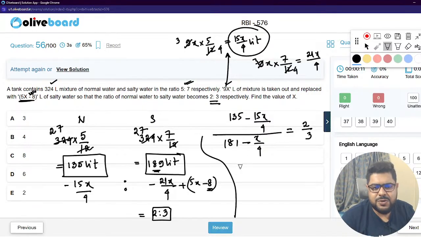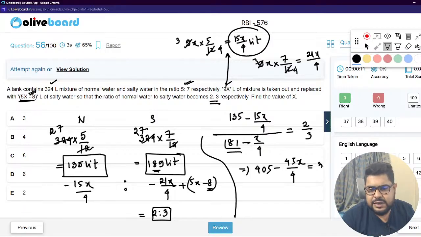Once you do this, just do the cross multiplication. 3 into 135 is 405, minus 45x by 4. That is equal to 362 minus 2x by 4.